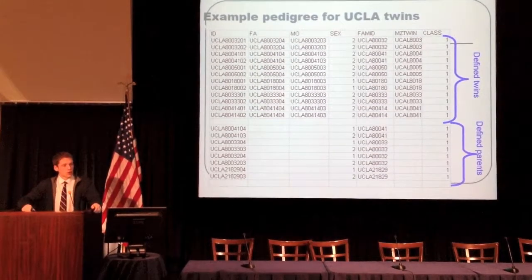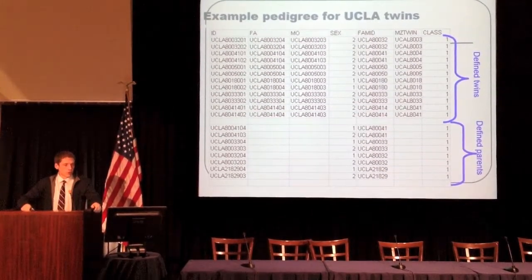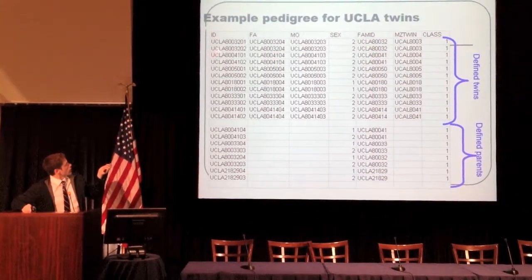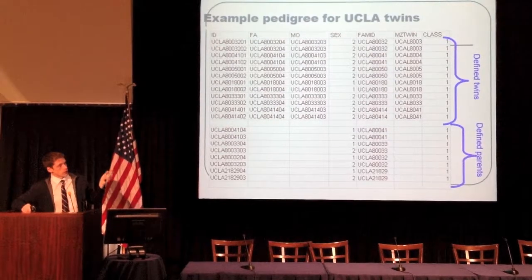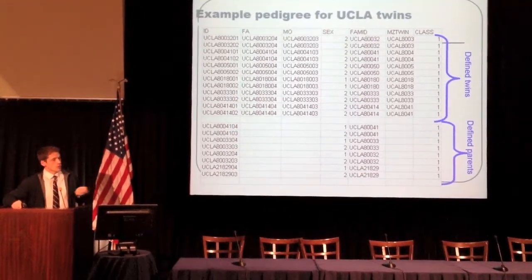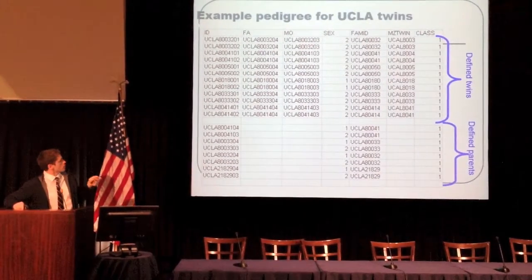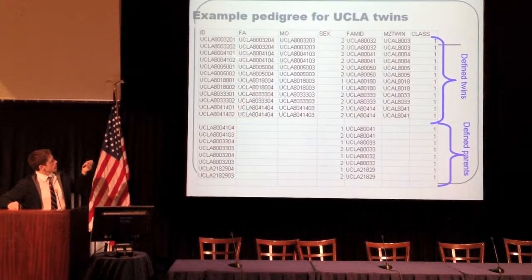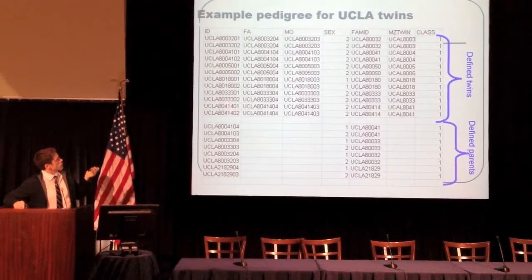So here's an example of the pedigree for UCLA twins. That's a QTeam study that Neda has published; Neda's group has published probably several dozen papers already. So you basically define an ID, and that ID can be a randomly selected ID.